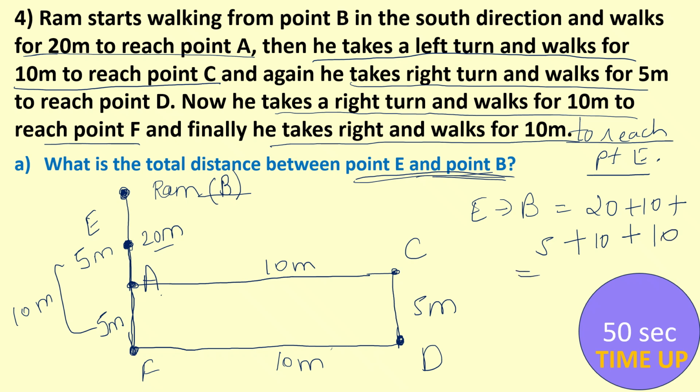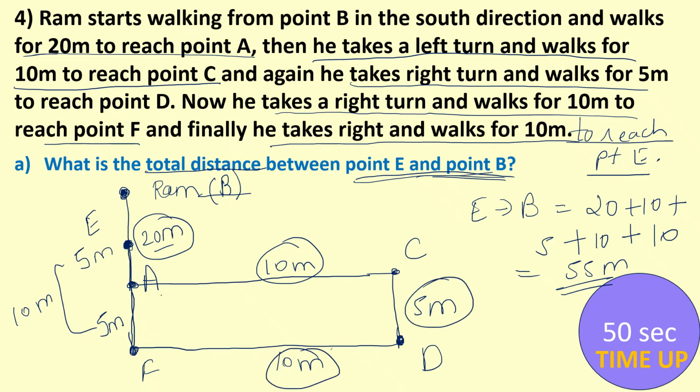Okay. So how much will it be? 55 meter is your answer. So total distance means you need to add. So this is 20, this is 10, then this is 5, this is 10, and this is 10. So that comes to 55 meter.